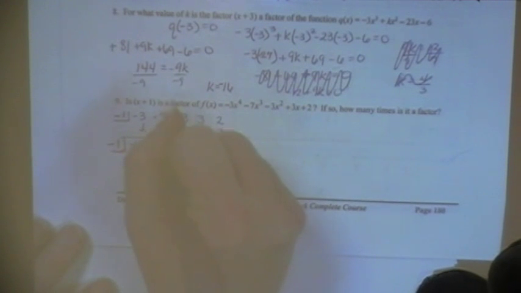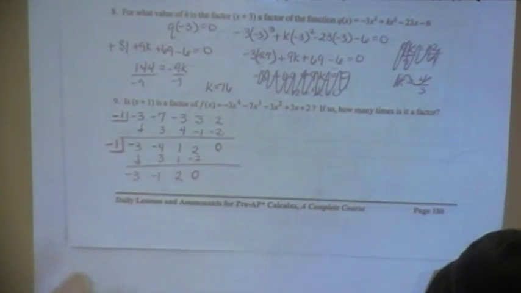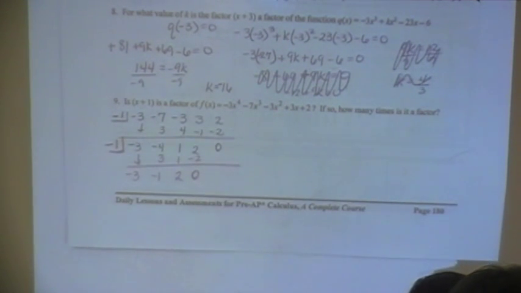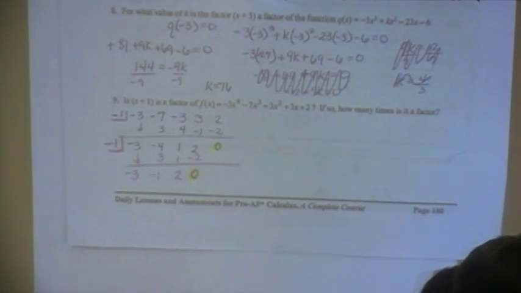So I'm going to put a new box, and I'm going to put the same value, negative 1, and I'm going to try it all over again. And it is, again, so we know it works at least twice because I have a 0 here and a 0 here. So I'm going to try it again and see if it happens to have a multiplicity of 3.